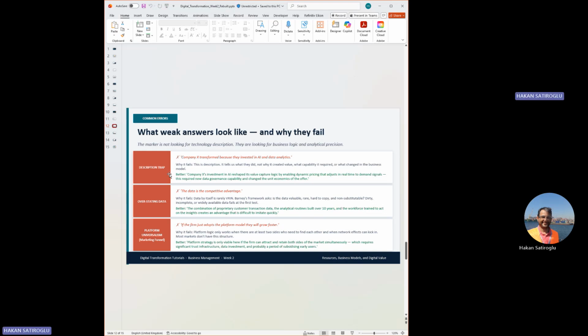Tesco is a really useful example because it shows that digital transformation is not just about launching a website or adding self-checkout. The deeper story is that Tesco moved from being mainly a traditional supermarket that sold products in stores to a much more data-informed retailer that can shape offers, personalize communication, predict demand, and earn value across both physical and digital channels.